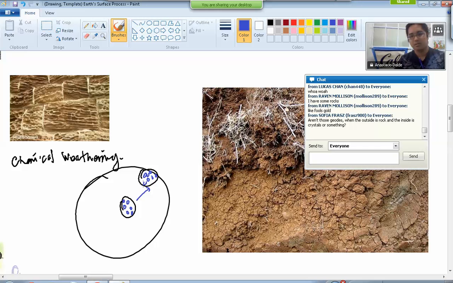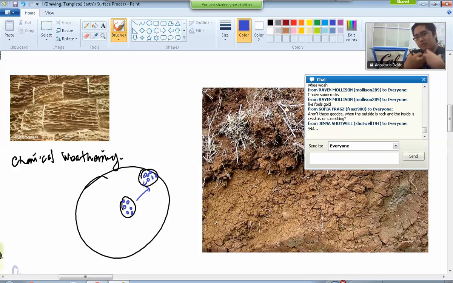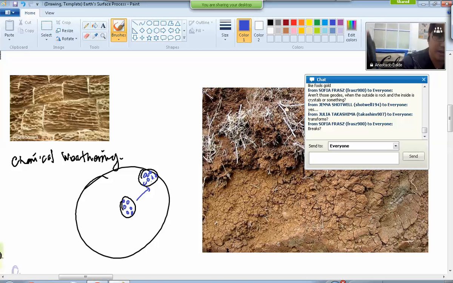When something was created, it was stable, but when you bring it to the top, it becomes unstable. What's going to happen to that rock? They're going to break apart. It breaks and it transforms. And that's a part of chemical weathering.